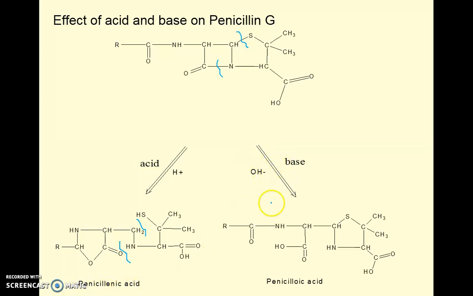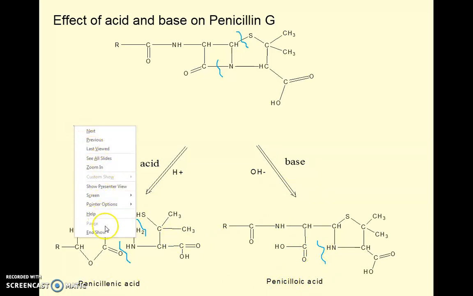Whereas in the presence of base, in alkaline media, it is again subjected to degradation. In that case, only the beta-lactam ring opens or breaks down. The thiazolidine ring remains intact. So either both rings, beta-lactam and thiazolidine, open, or only the beta-lactam ring breaks down in the presence of alkali. This leads to inactivation of benzyl penicillin, and the product is called penicilloic acid.